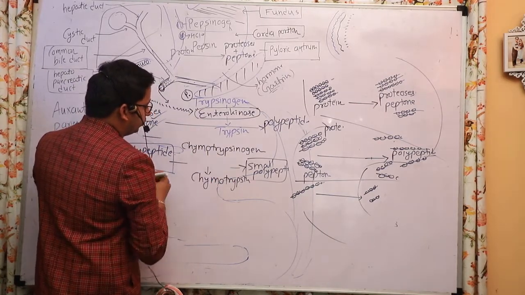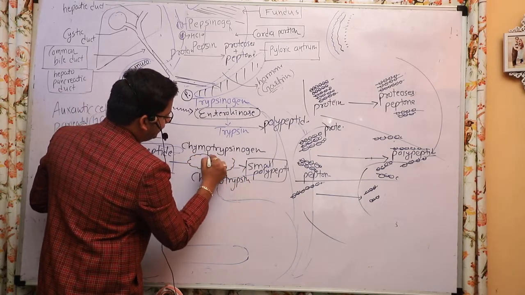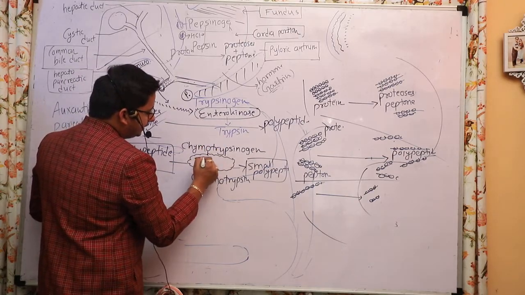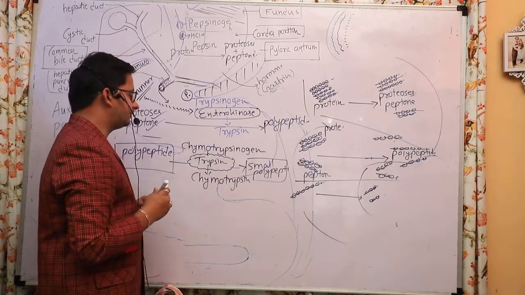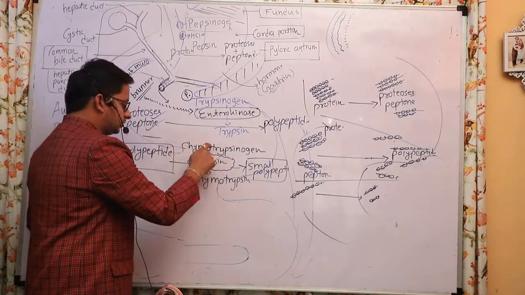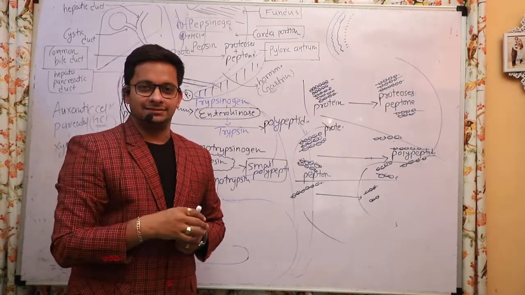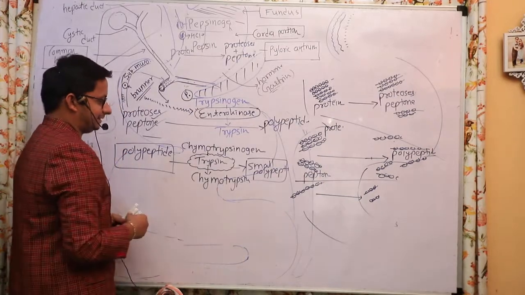I told you that trypsin performs 3 reactions. This trypsin is responsible for converting chymotrypsinogen into chymotrypsin. The last reaction of trypsin we will study next.